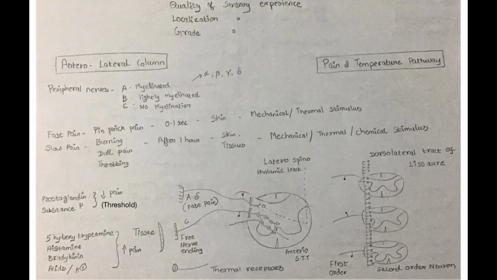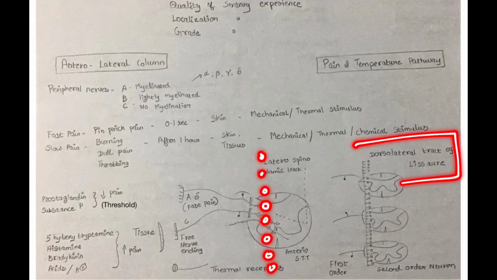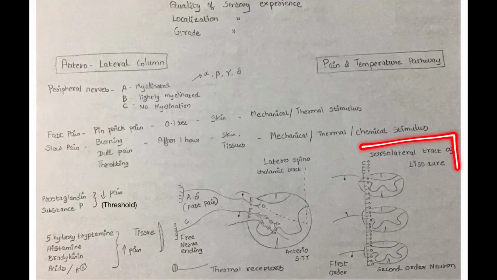anterolateral column, the second order neurons are arranged in a pattern known as the dorsolateral tract of Lissauer. So why do we call this the dorsolateral tract of Lissauer?